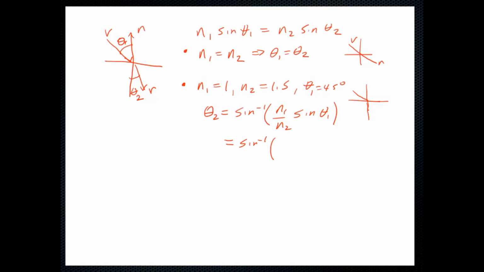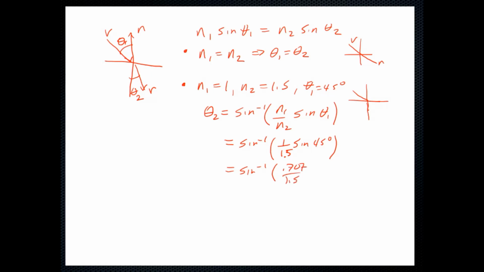Ratio of refractive indices times the sine of the first angle: 1 over 1.5 times sine 45 degrees. Okay. And that's equal to sine inverse of approximately 0.7 divided by 1.5.